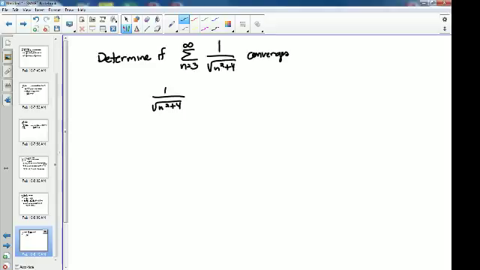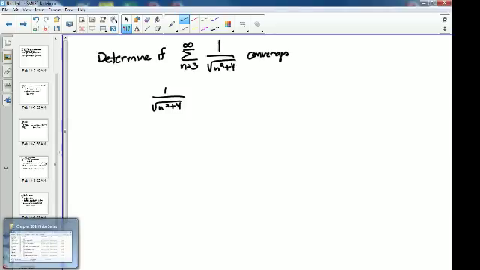So is there a sequence bigger than this that converges, that is actually smaller? Because this is basically like 1 over n, close to it. Could we use 1 over n?